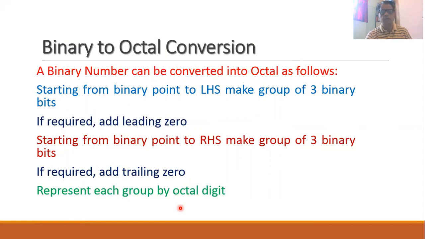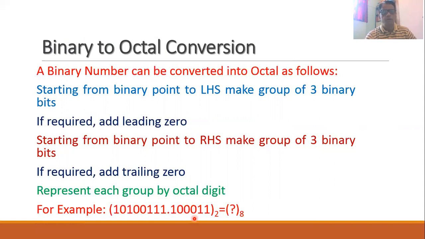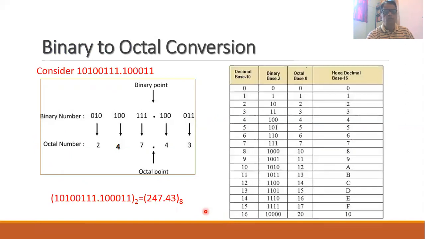Say for example, we have been given a binary number 10100111.100011, and now suppose we want to obtain its octal equivalent. So suppose this is our number, 10100111.100011. Now what I will do is write the octal number first.